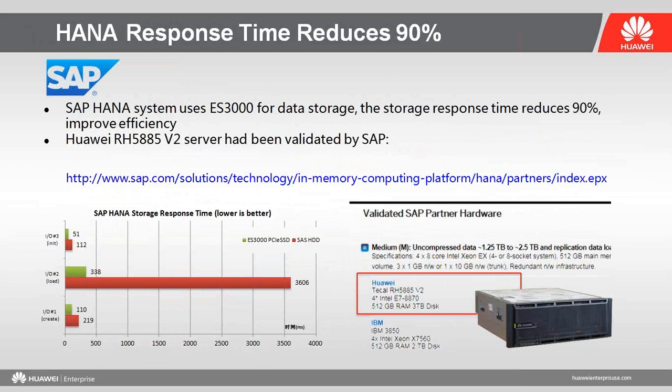Again, SAP HANA is another application that can benefit substantially. In this case, on our quad socket system, it reduced the response time by 90%. That is absolutely amazing. But that's the benefit PCIe brings when it's implemented and engineered correctly.